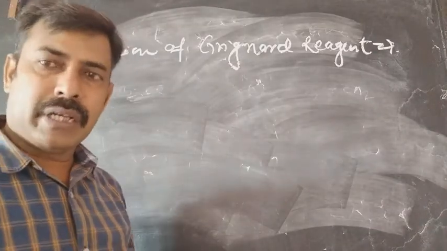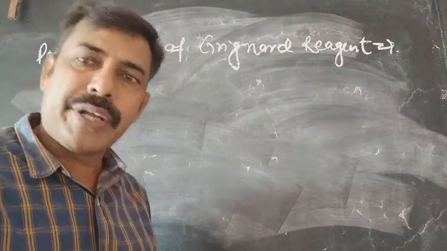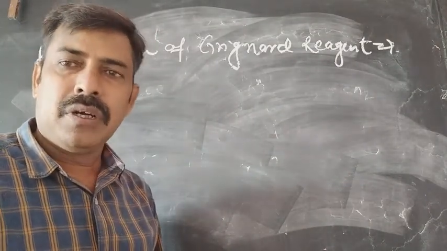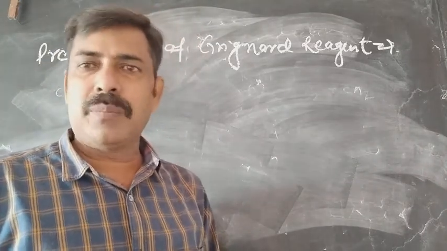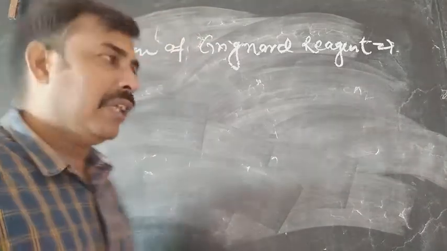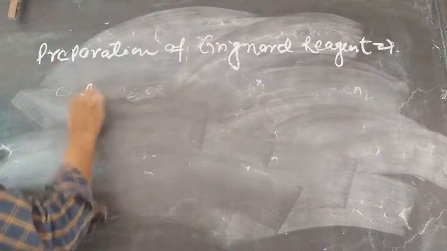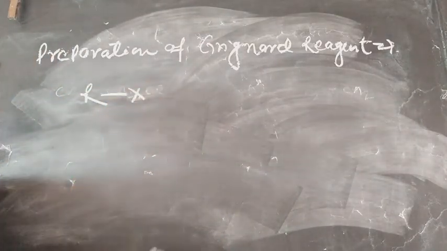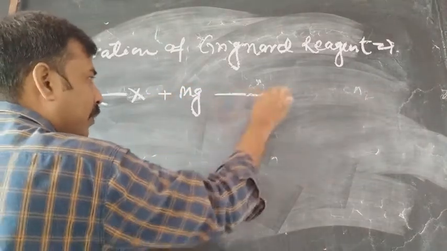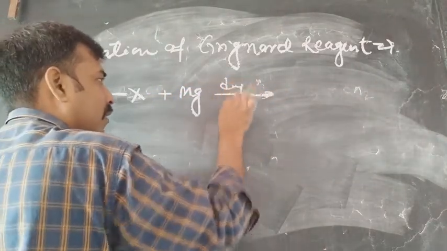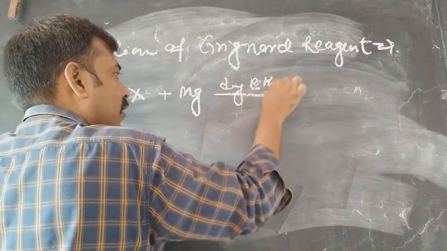We prepare the Grignard reagent by treating the haloalkane with magnesium under anhydrous condition, or in the presence of dry ether. This is the RX, that is the haloalkane, which is treated with magnesium in presence of dry ether.